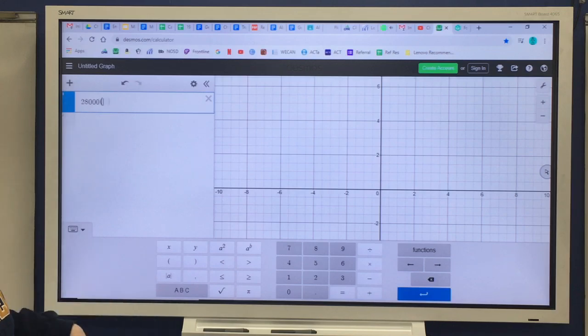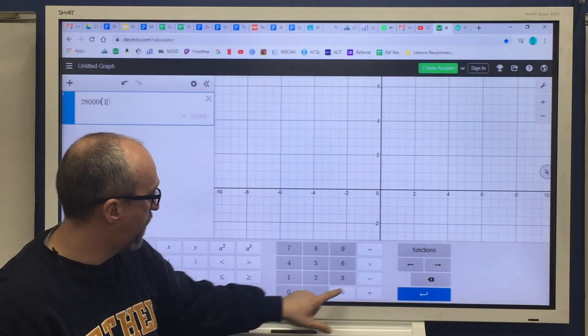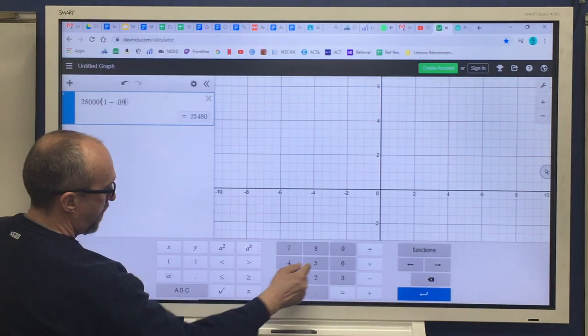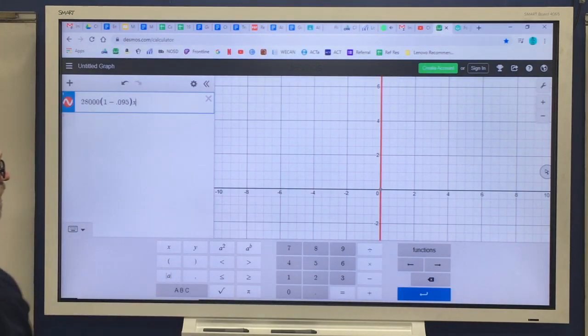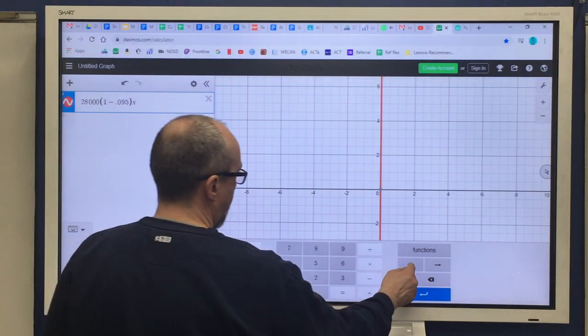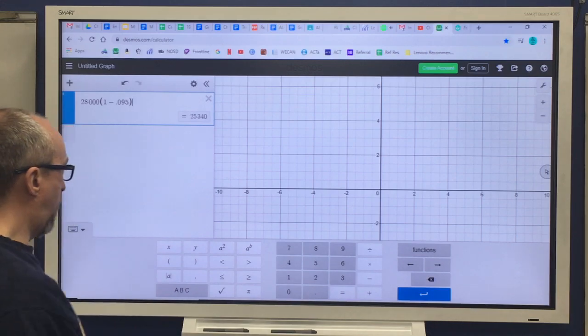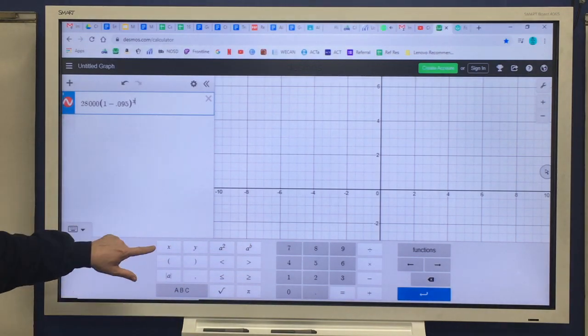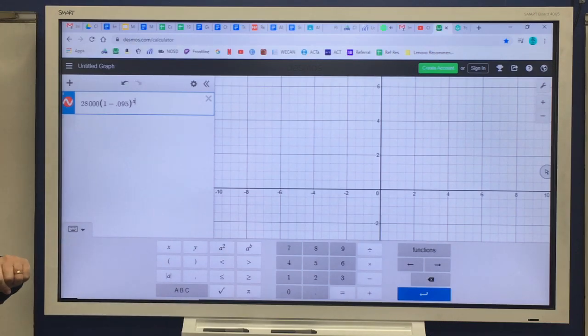And then times, and it was losing value at 9.5%, 0.095, close the parenthesis, to the x power. Oops, back that up. I have to take that to the x power. Notice I'm using parentheses here, the x that's here, that's squaring, and that's to the power.